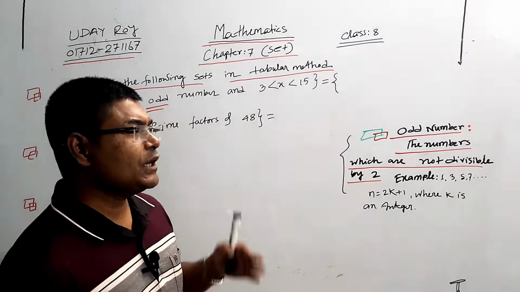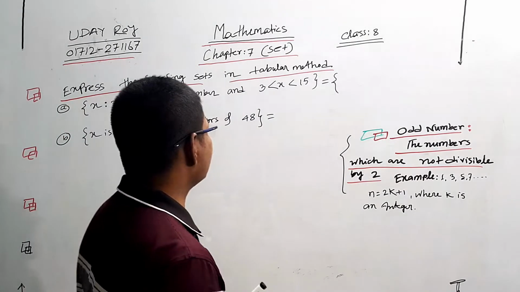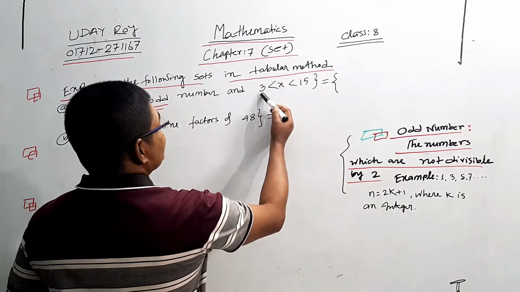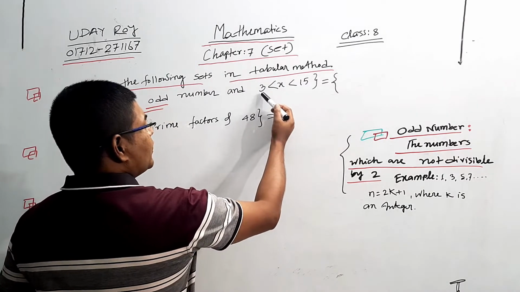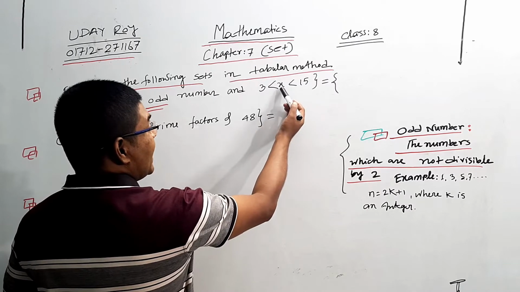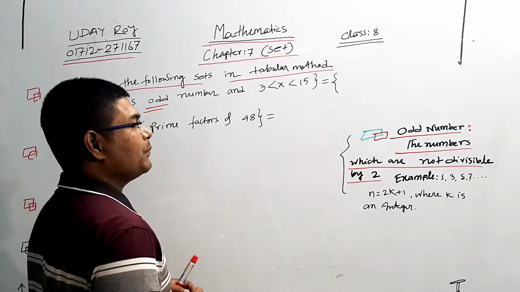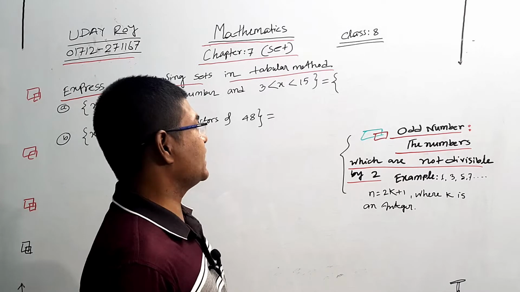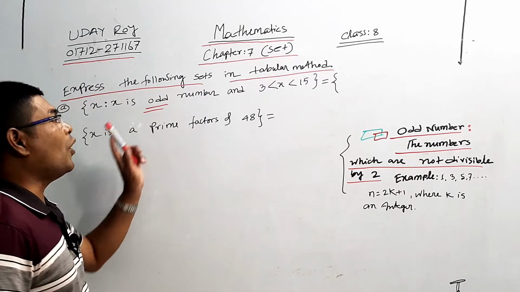Here is the condition: 3 is less than x, and x is also less than 15. So x is an odd number.